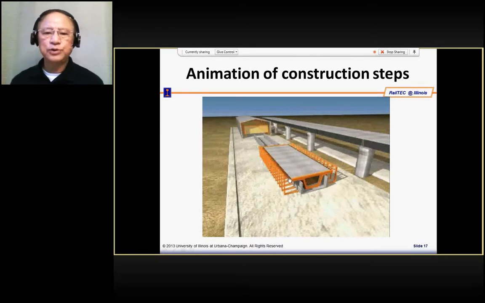What we will see is how the formwork is removed, how this girder is lifted up onto the viaduct which is already constructed, how it is moved along, and how the launching girder is used to launch it. So let's look at the sequence.